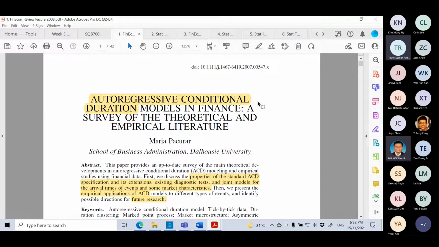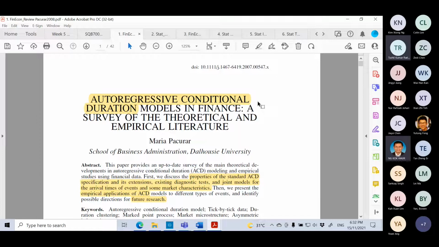Because when we do the literature review, some models may be overlooked. Nowadays there are too many research journals, and many research topics and research areas. So if you only depend on Google Scholar and ResearchGate to get the information, sometimes it may not give a comprehensive survey.